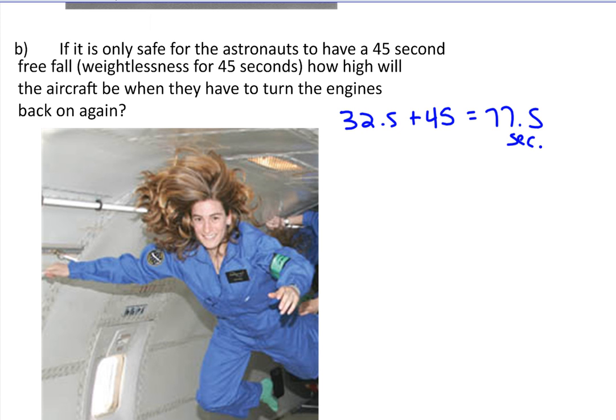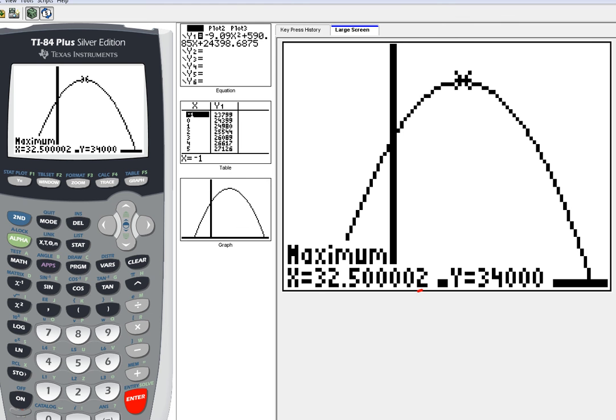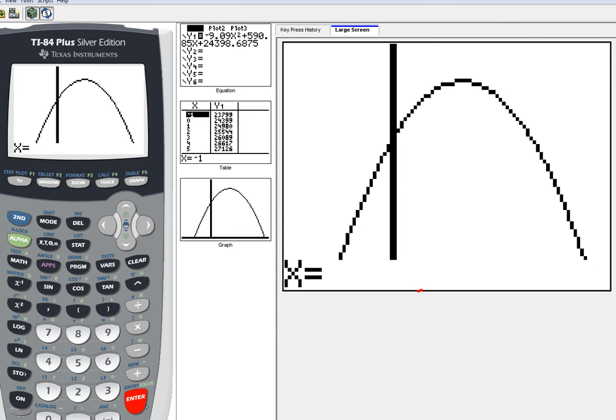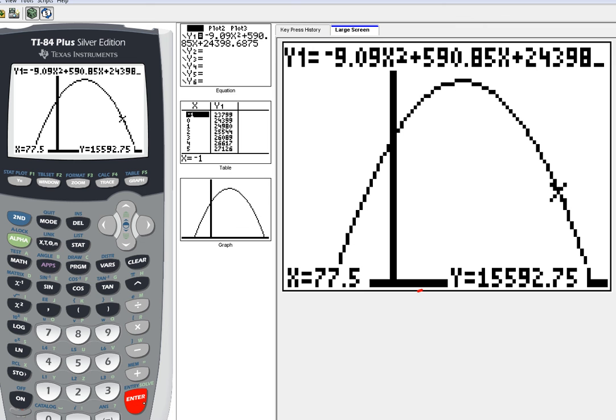In order to do that, I can actually plug that into my calculator and it'll give it to me. So I go here, and to find out where it is at 77.5 seconds, I do second calc again. And I'm actually looking for a value here. So when I hit enter, it says x equals, and I'm going to say 77.5. Tell me what the y value is after 77.5 seconds. And then I hit enter, and there's the y value, 15,592.75.